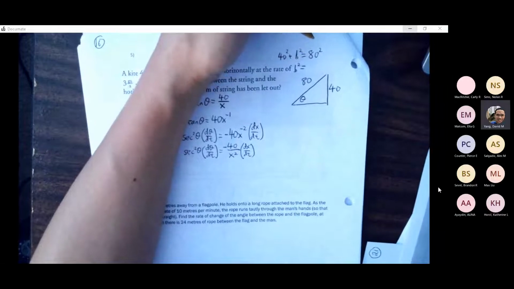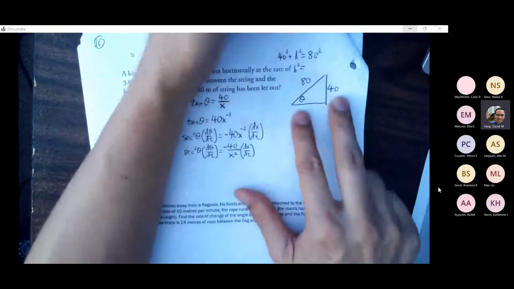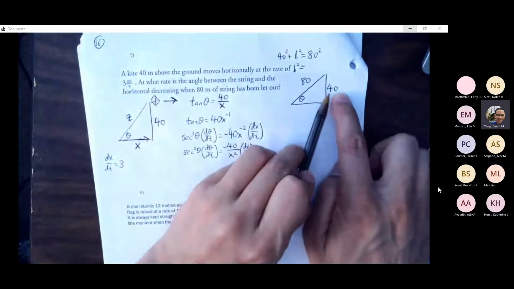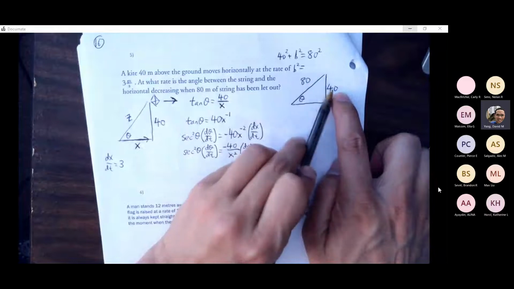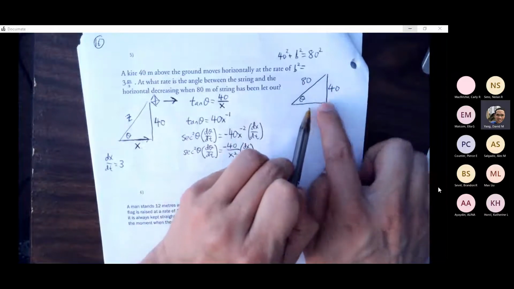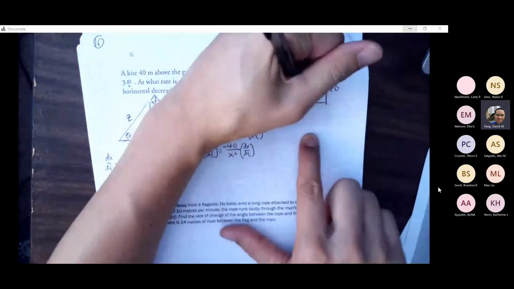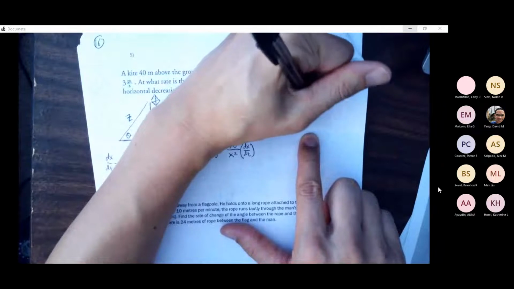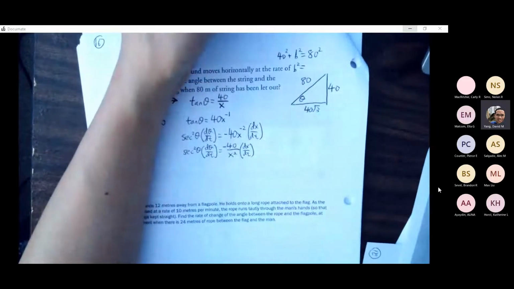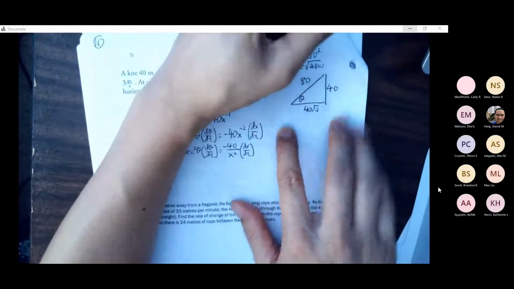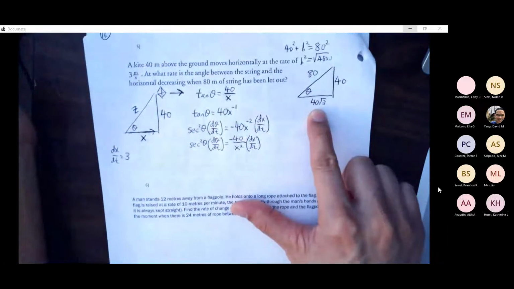The math is messy here, but if we recognize this as a 30-60-90 triangle, and the opposite is half of the hypotenuse, then we know this must be the long leg, and the long leg is the short leg times √3. So this is going to be 40√3. If we work this out, 80 squared minus 40 squared is √4800, and that cleans out to be 40√3.